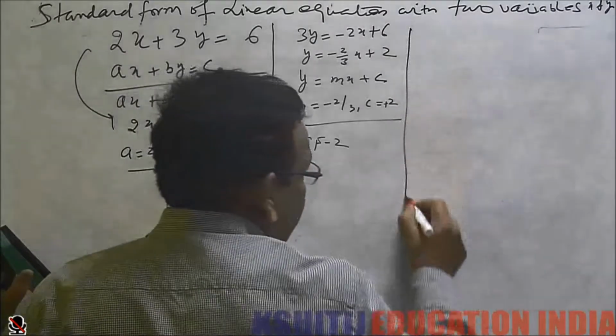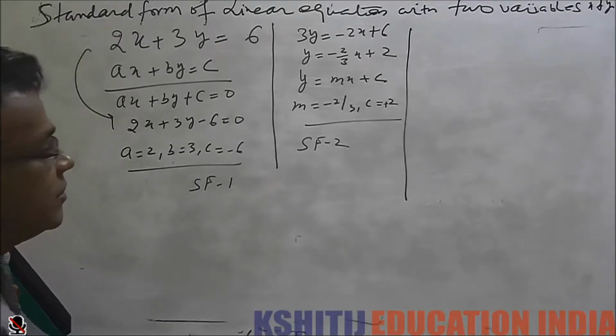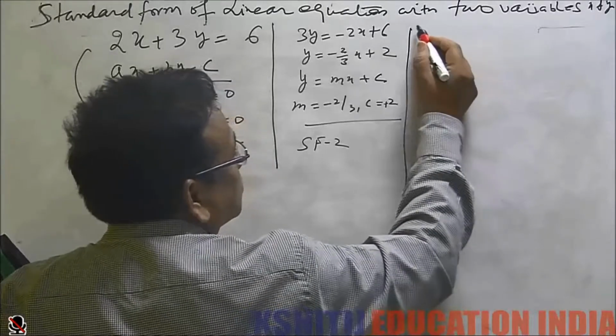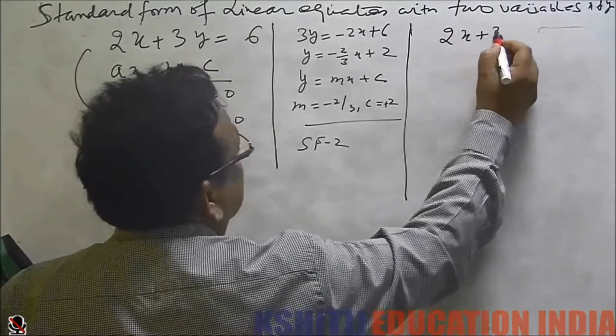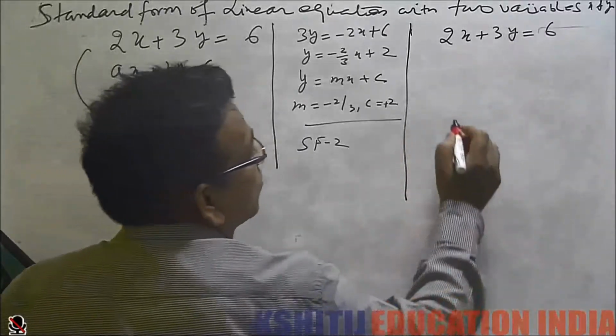This is another, third format for a linear equation with two variables. Let's start with our given equation. Let's say I divide this equation by 6.